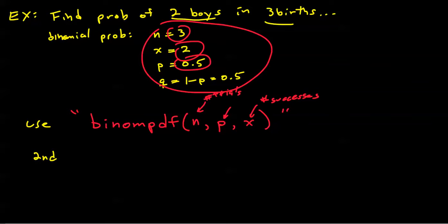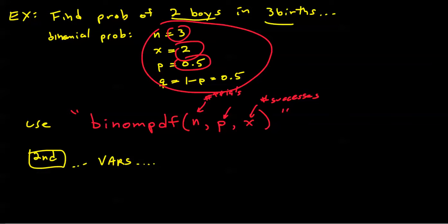So on the calculator, hit your second gold button, and then the vars button to access the distribution menu. So second vars to get to the distribution menu. If you scroll down on my calculator, it's function address 0 on that vars or distr submenu.